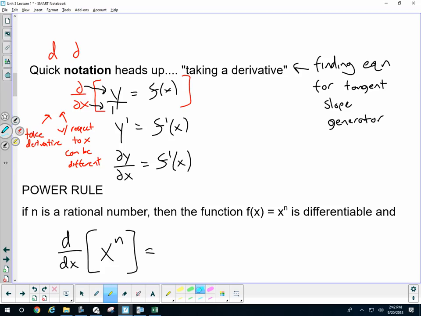So equivalent to f prime, or y prime, is dy dx. This is just a new way of saying my tangent slope generator equation equals this.